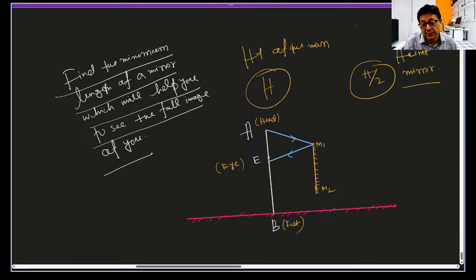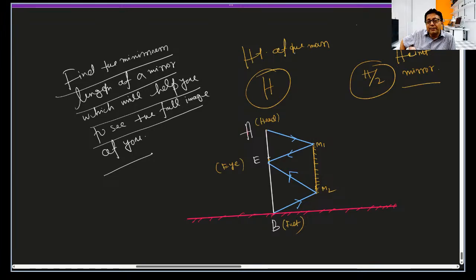What about this? From feet also it has to go. One ray going there at the extreme end, and then it's going there. Okay? So the man will be able to see the full image of his own. Am I clear?